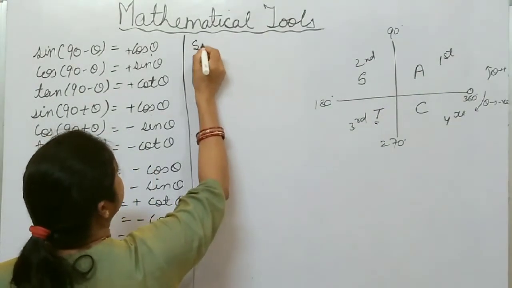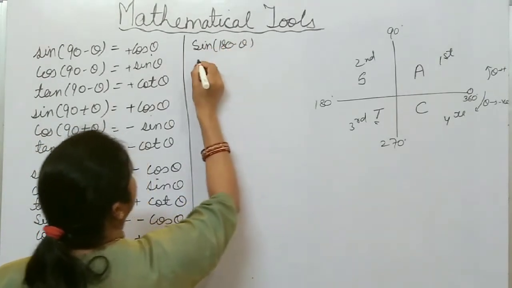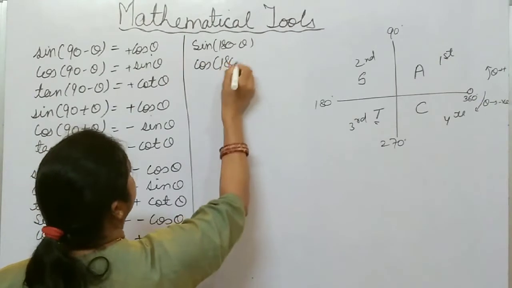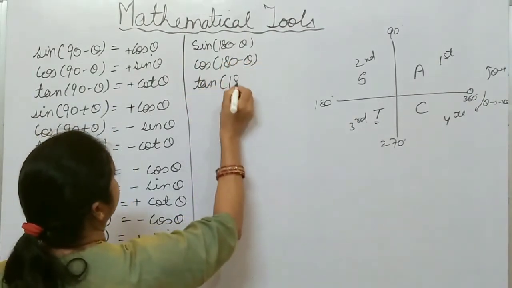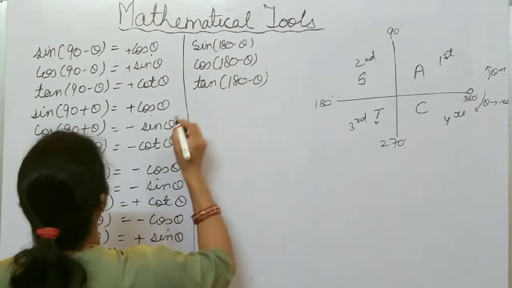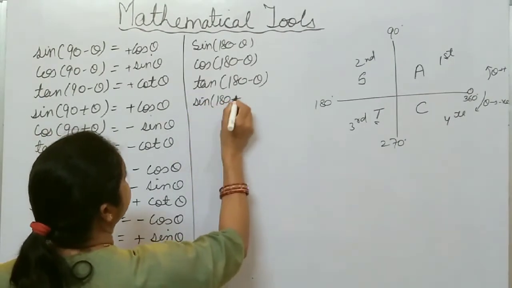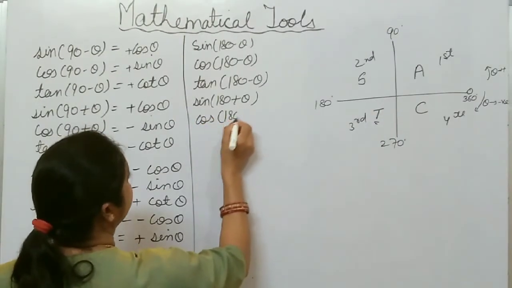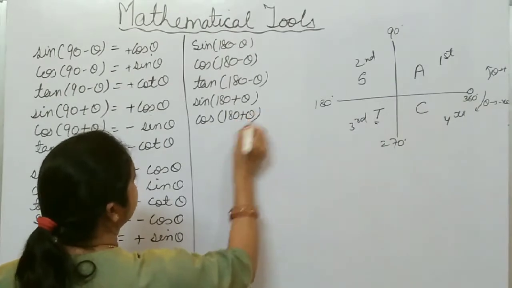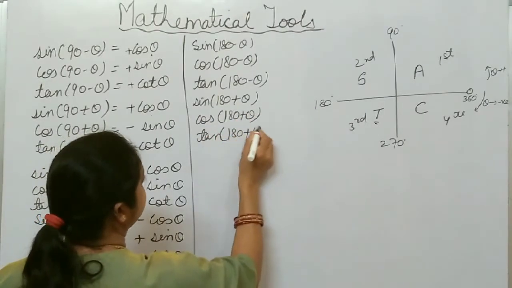In the same way, sine 180 minus theta, cos 180 minus theta, tan 180 minus theta. Then in the same way, sine 180 plus theta, cos 180 plus theta, and tan 180 plus theta.